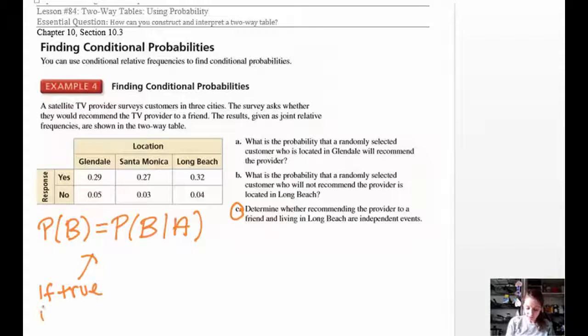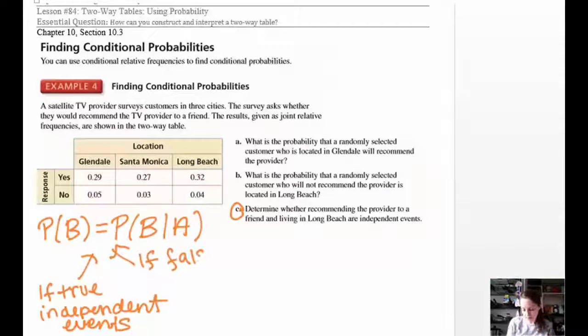The fact that A happened did not affect the probability of B. However, if the probability of B is not equal to the probability of B given A, then we have dependent events.